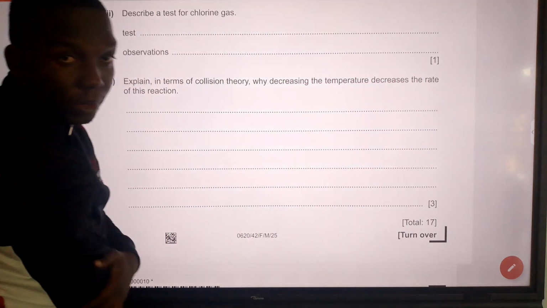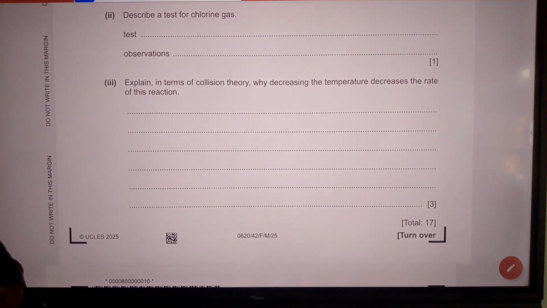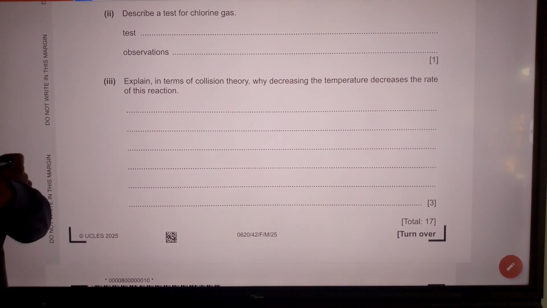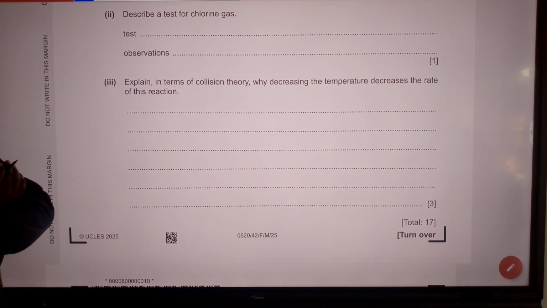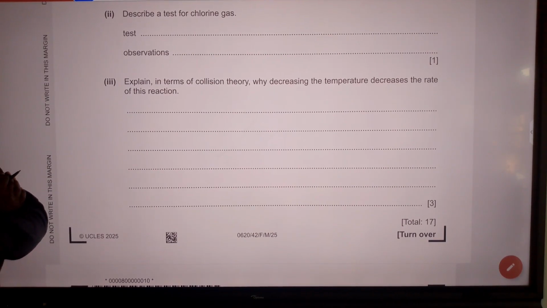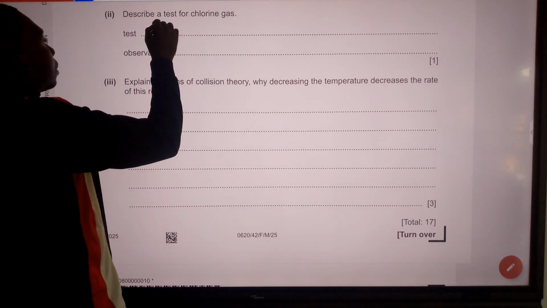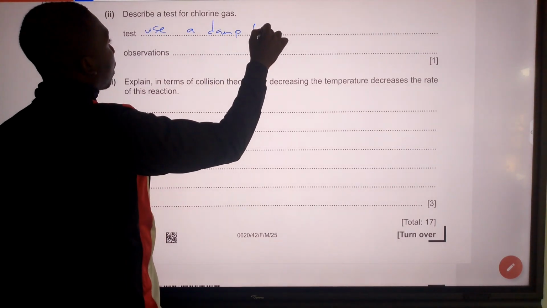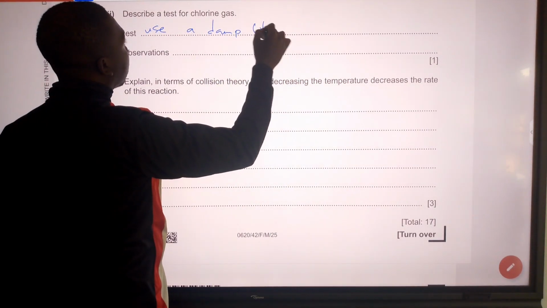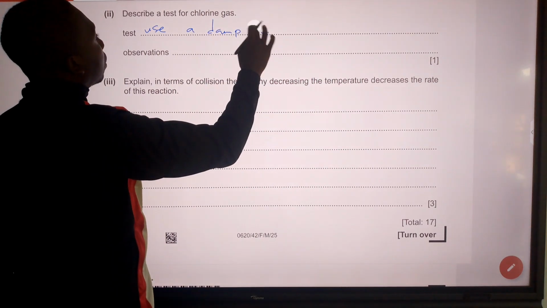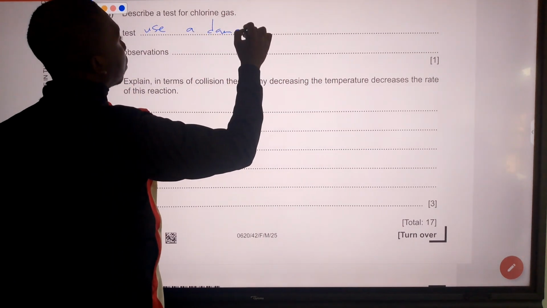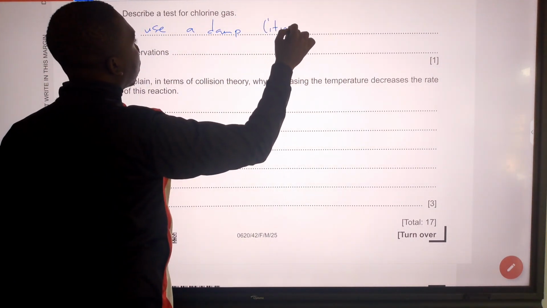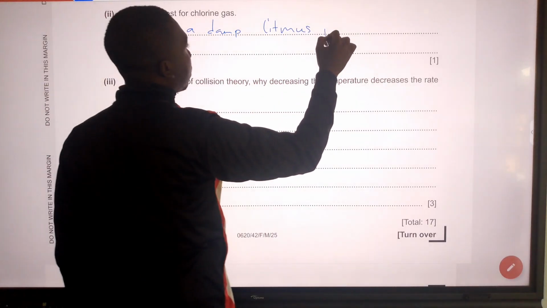Okay, so the last part of the question reads: describe the test for chlorine gas. So the test for chlorine gas that we use is a damp litmus paper.